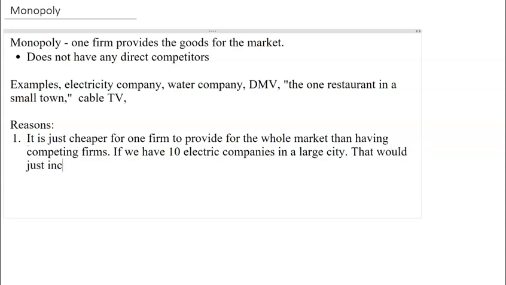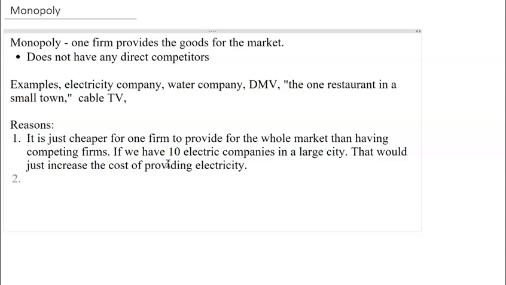That would just increase the cost of providing electricity. So it may be easier for one company to lay down the infrastructure and provide electricity to all the buildings in the city. It may be cost efficient, in certain cases like electricity, water, or cable TV, to have one company provide for the whole city.